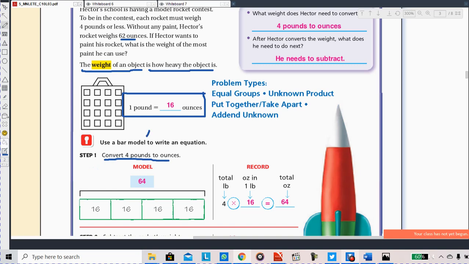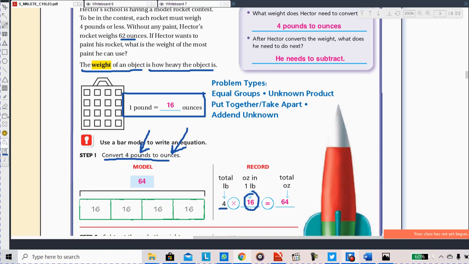So we are going to convert from pounds to ounces. From big to small or small to big? Yes, from big to small because pounds is bigger than ounces. So you have to multiply by 16.